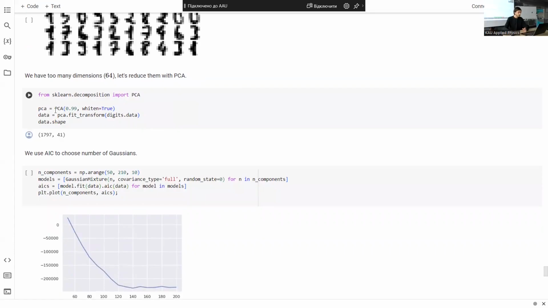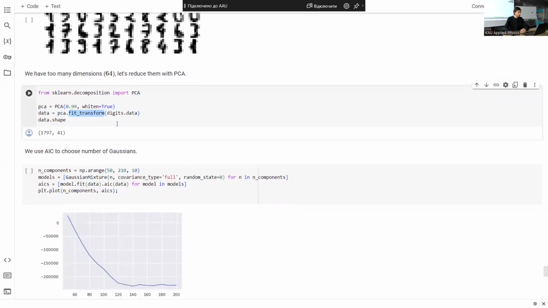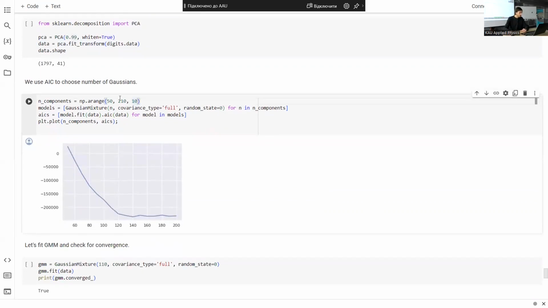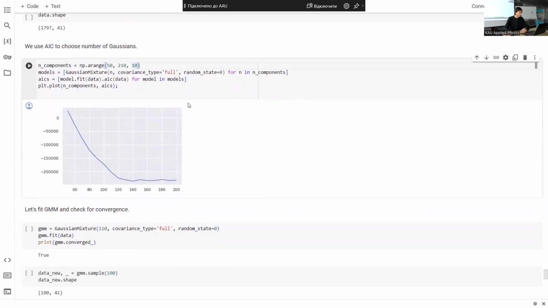So first, let's do some PCA. Very simple, we are doing just some PCA, and we are trying to transform that to keep, I don't know, 99% of the variance. Hopefully you remember what this method does and what it means to keep 99% of the variance. Now I use AIC to choose the number of normal distributions that I will use when creating my generative model.